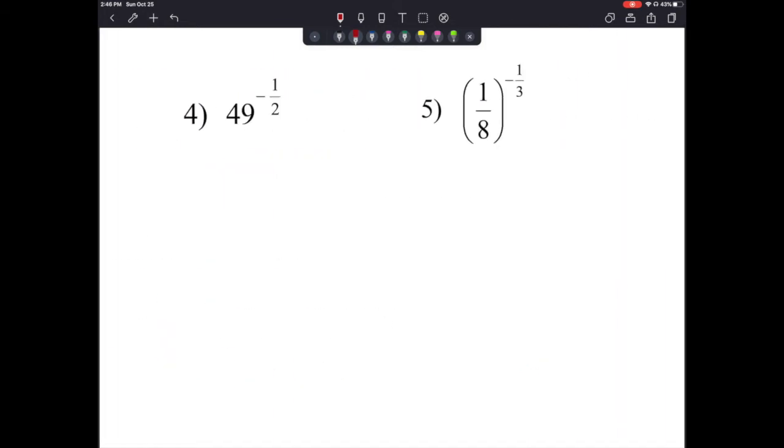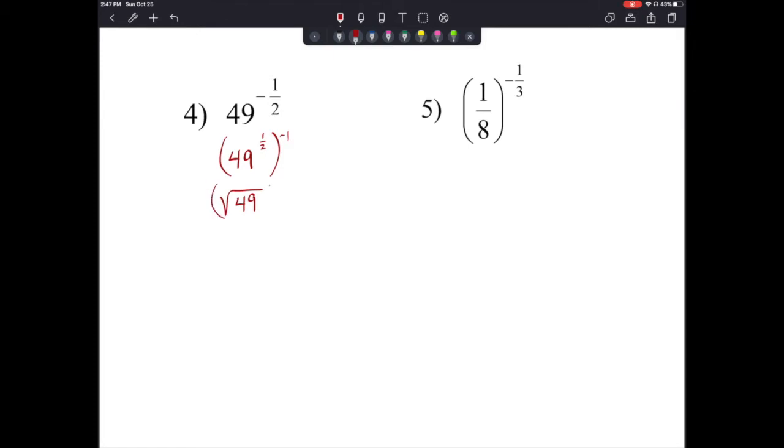Next example, we have 49 to the negative 1/2 power. So we're going to mix in some of these properties of exponents that we've been practicing over the past few lessons. Remember, this one can be treated as 49 to the 1/2 power, and then we can deal with the negative afterward. So 49 to the 1/2 power is going to be like saying the square root of 49.